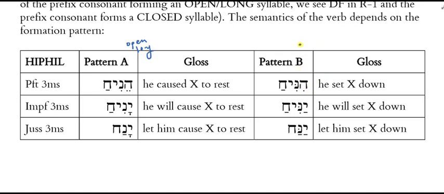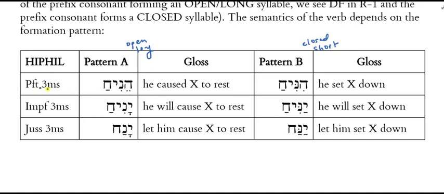Here in pattern B, the prefix is closed and short. The prefix consonant is closed and short. How does that happen? Well, there's a dagesh forte in this form. It almost looks like a nun has assimilated, but we know from this verb that there isn't an assimilated nun here. All right, so let's just take a look at these forms.